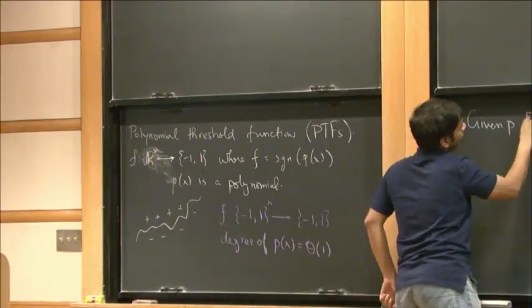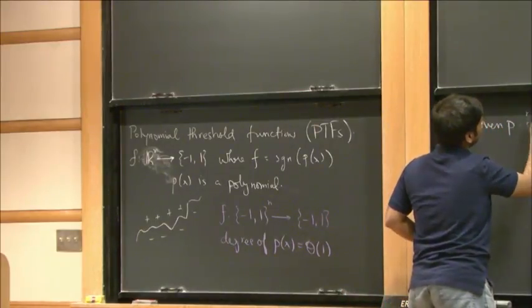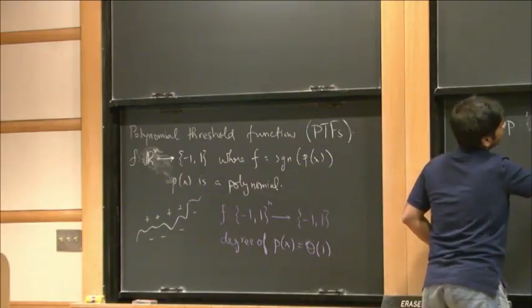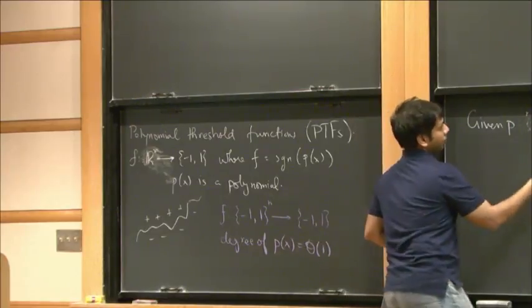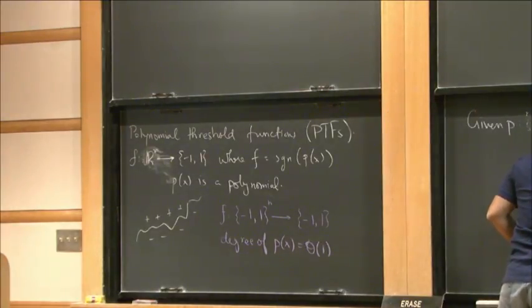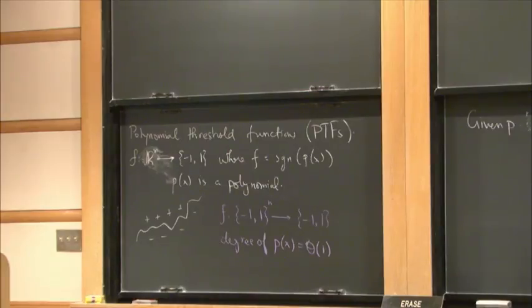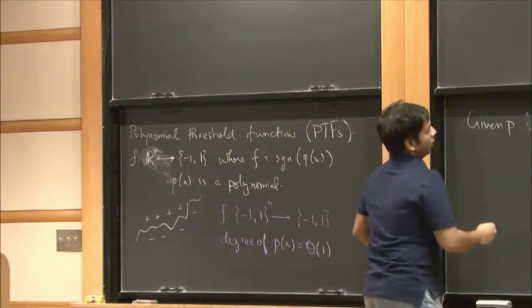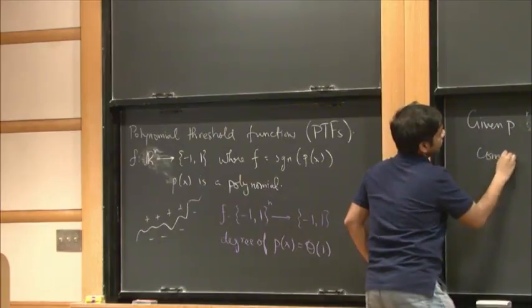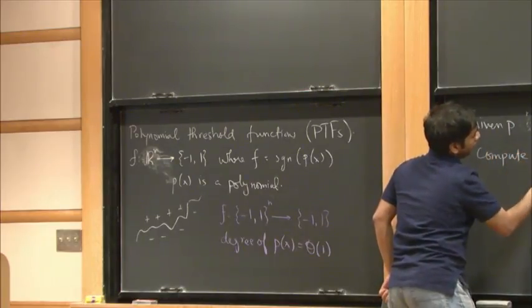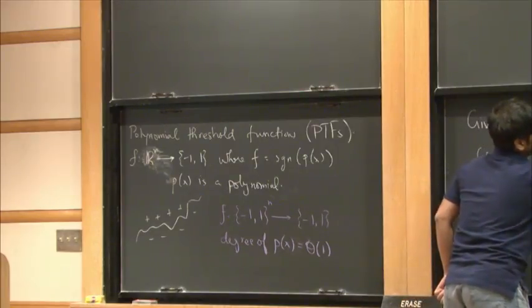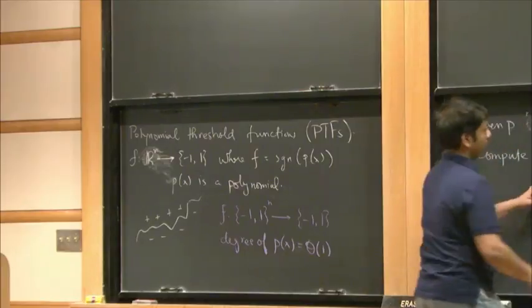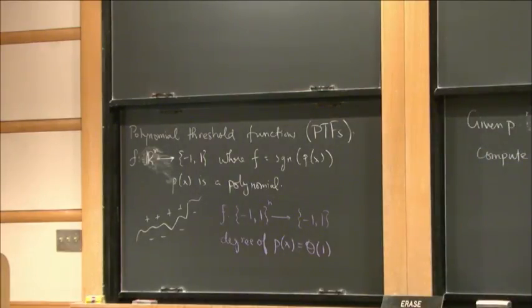Given a polynomial p of constant degree d over the Boolean hypercube, compute the probability that p(x) is greater than or equal to 0 deterministically, up to an error epsilon.